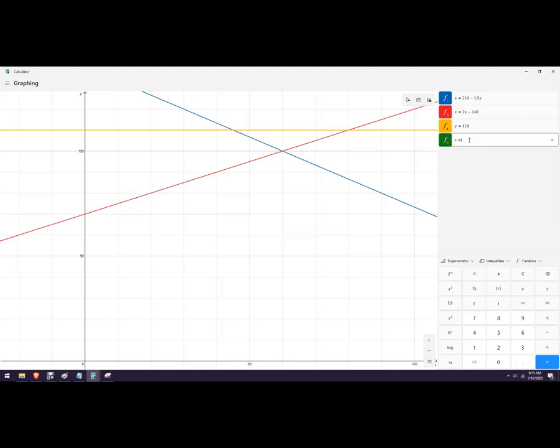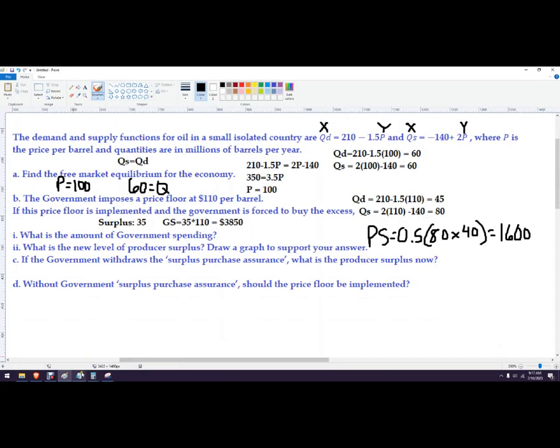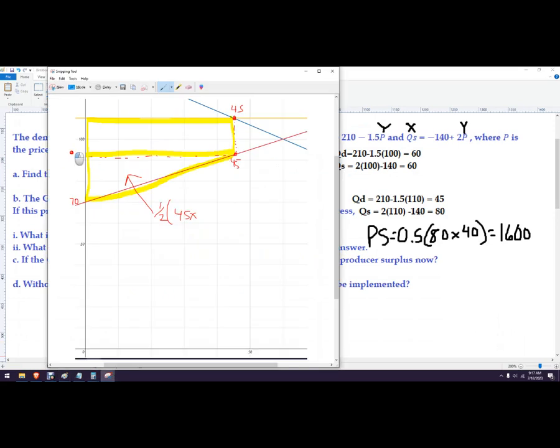We can go X equals 45, and that hits it right there. That looks like 92.5. You can also find that by just plugging in the quantity 45 and then solving for P, and you get 92.5.